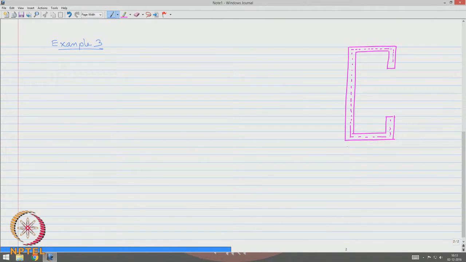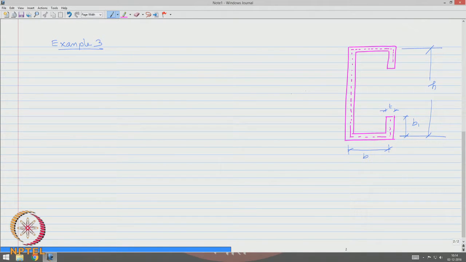Let us say this dimension is B, let us say this is B 1 and this is H, section has uniform thickness T.